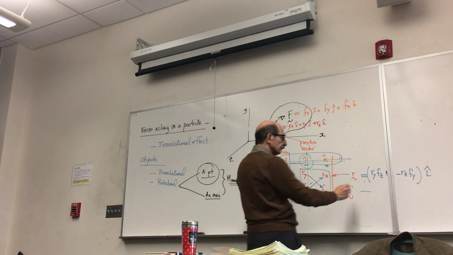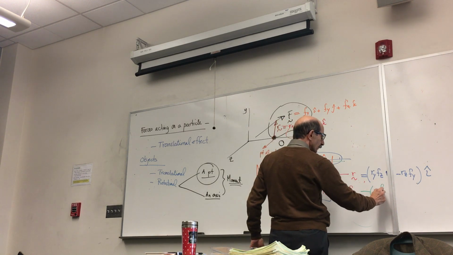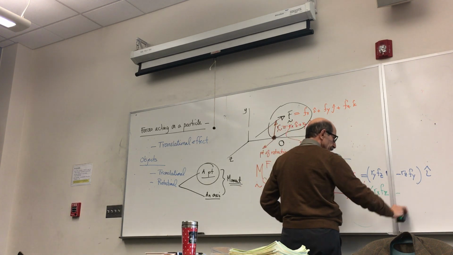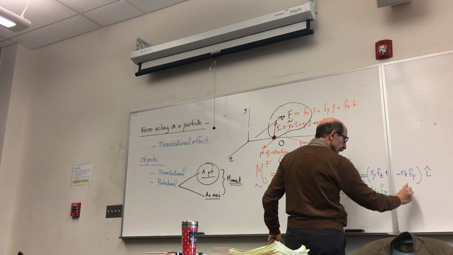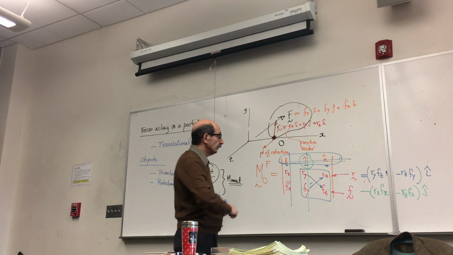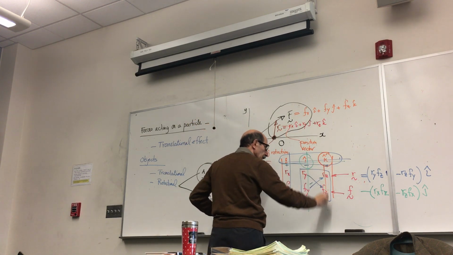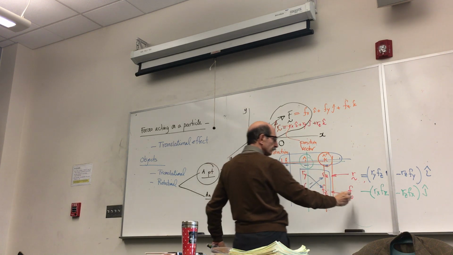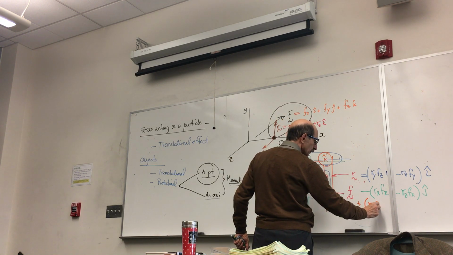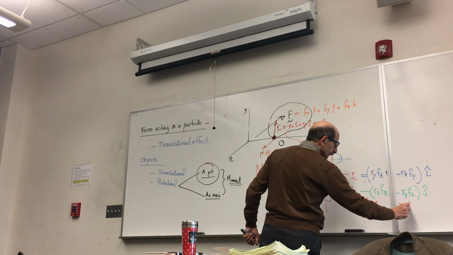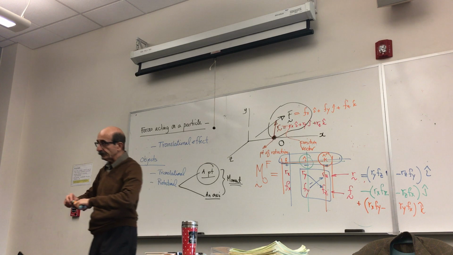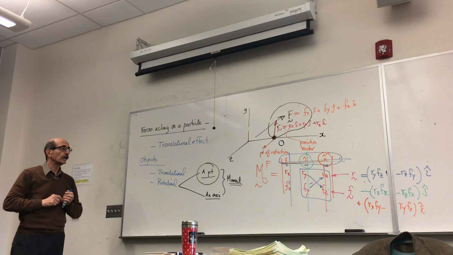So it would be (Rx Fz minus Rz Fx) times J. And then the third one. Again you eliminate the column and the row corresponding to that, that is positive. So it would be positive (Rx Fy minus Ry Fx) times K. This is the equation for that moment about point O.